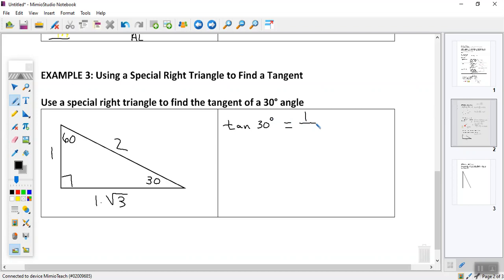Okay, now watch this right here, kids. In your calculator, take 1 and divide it by the square root of 3. If you go 1 divided by square root of 3, what do you get for a value? 0.5773.